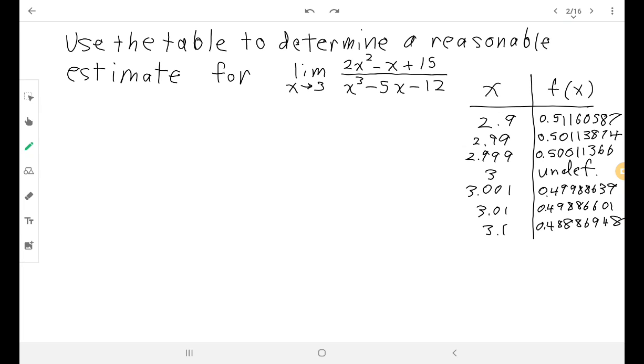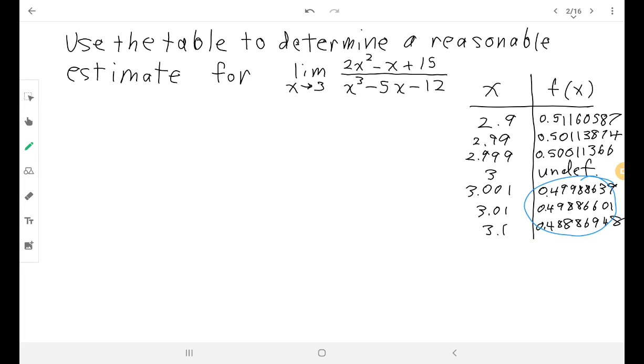Okay, so you'll see that from the left, we approach a value of 3, and you can see over here we got 0.5116, I'll truncate there, 0.5011, 0.5001, and so you can sort of see evidence that we're approaching something there.